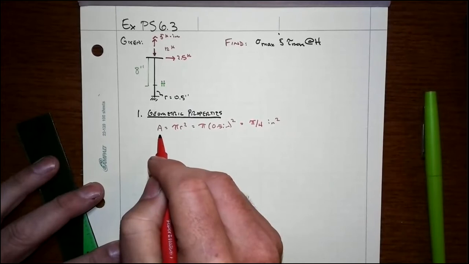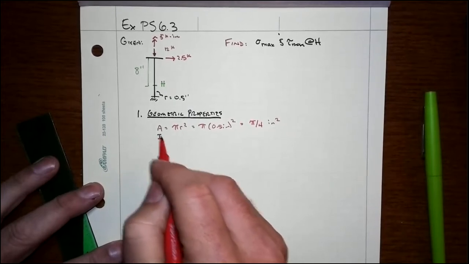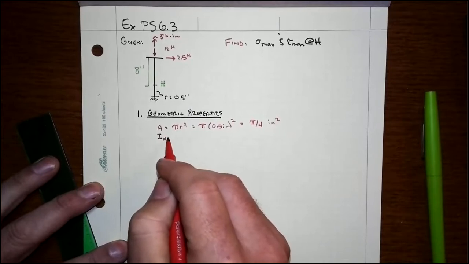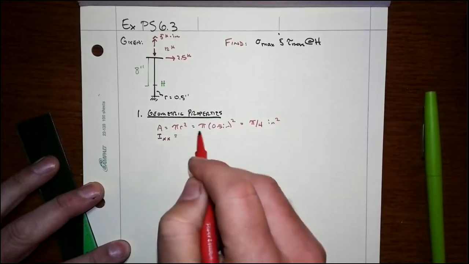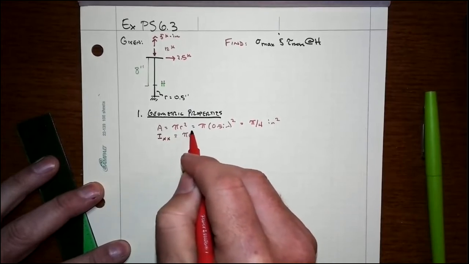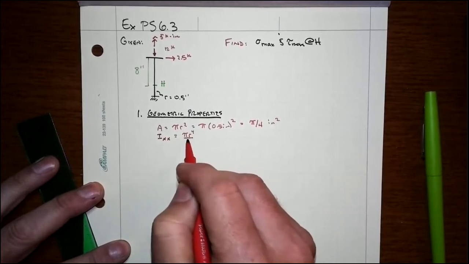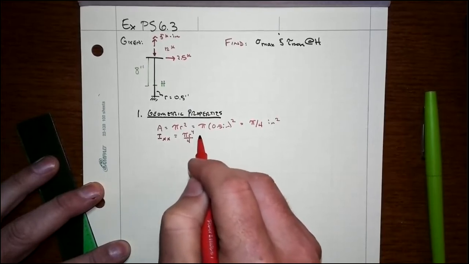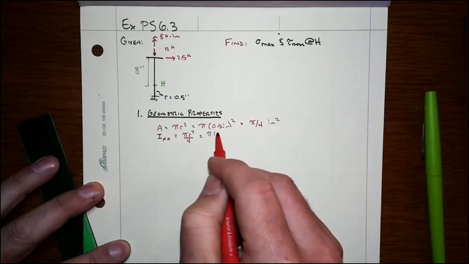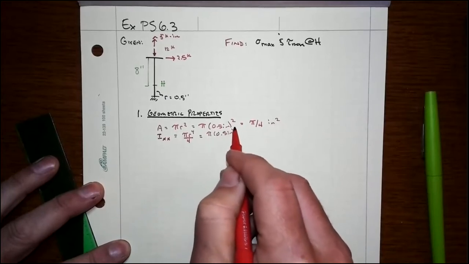We're going to need the moment of inertia, second moment of area, is awkwardly stated. And that one will be pi r to the 4th over 4. And so that will be pi times 0.5 inches to the 4th.